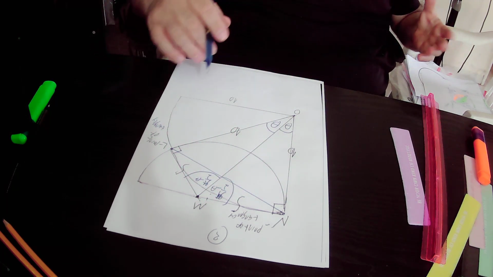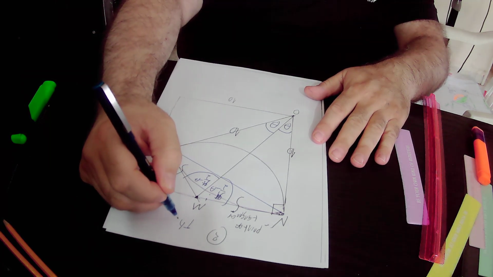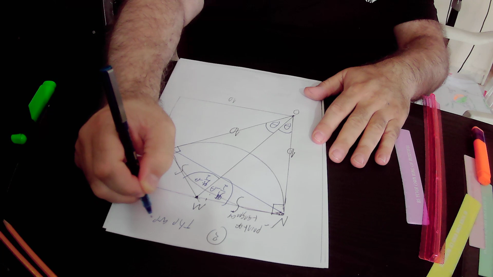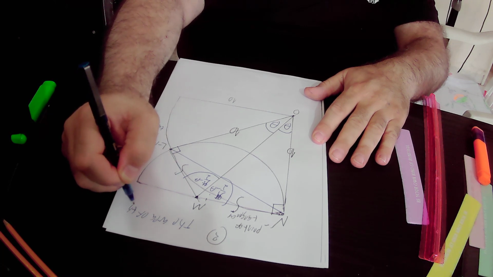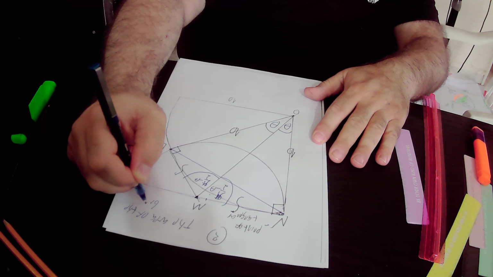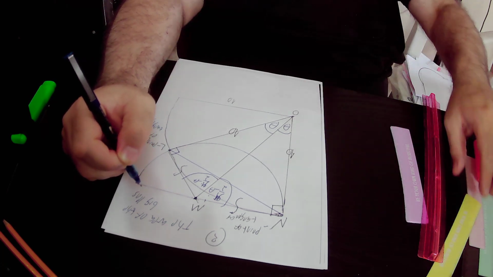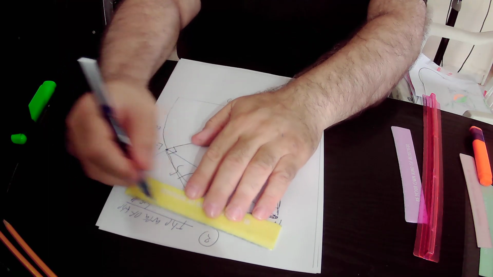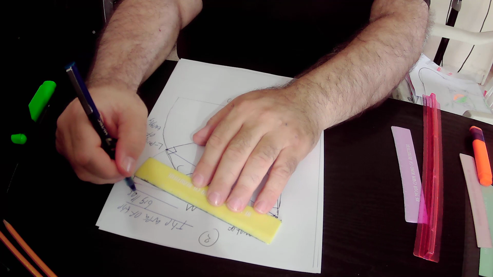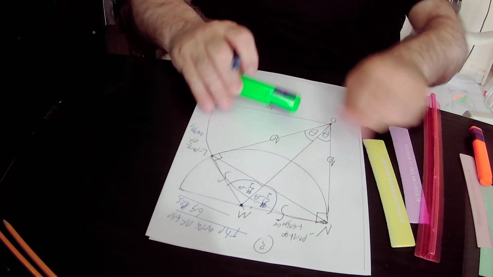So our mission is to find out the area of the big lens. So first of all, we'll find out the area of the upper circular segment.